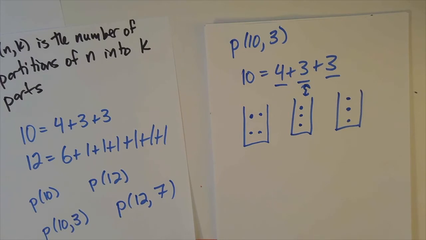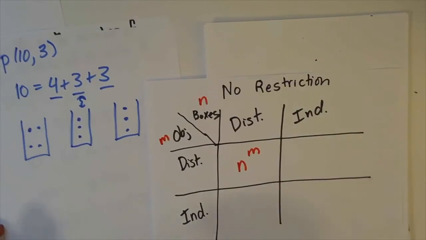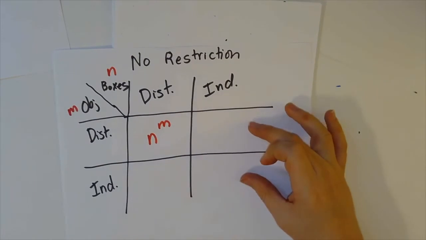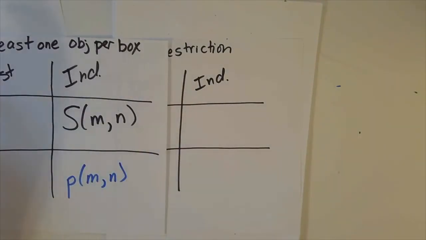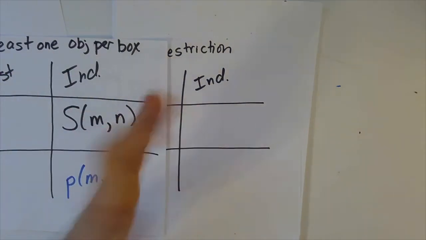So then, let's go ahead and figure out what happens if I don't insist that every box end up having something in it. So that is, if I change from talking about, as we were here, insisting every box have at least one object, to just no restriction.